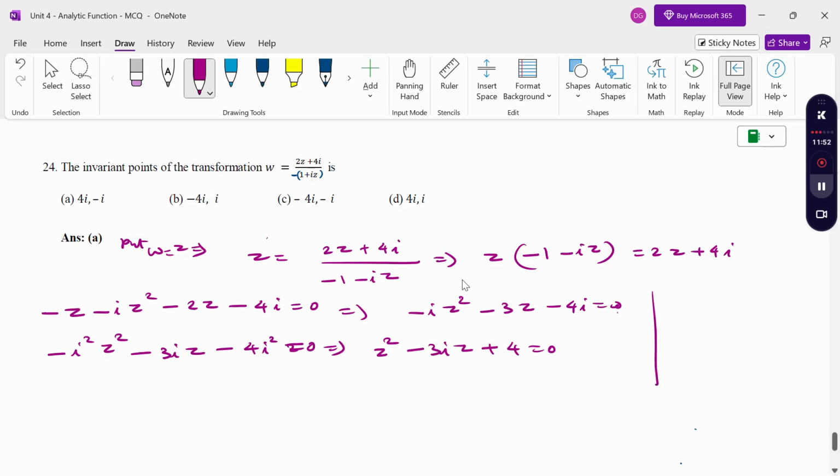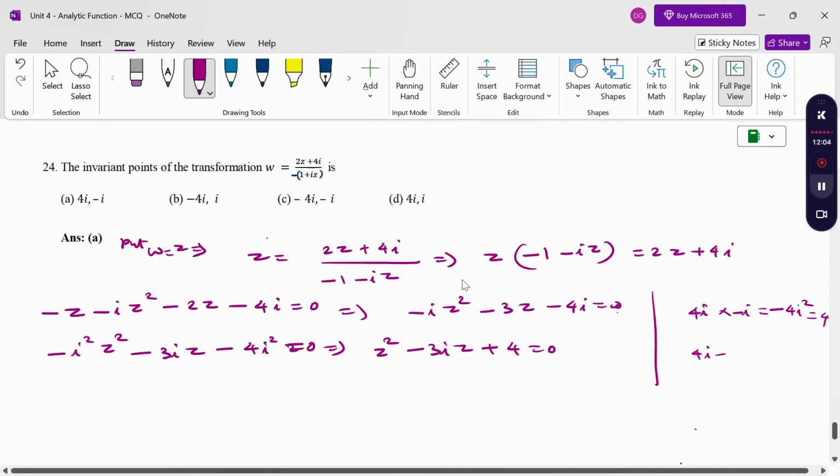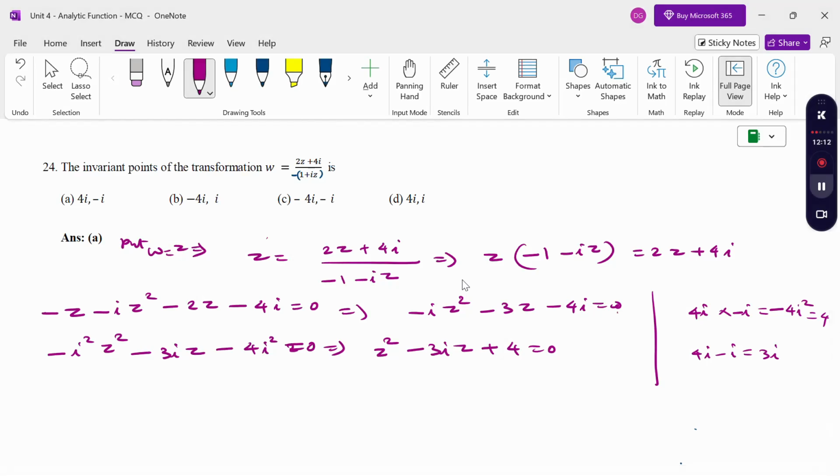Now the factors of 4: 4i into minus i gives minus 4i square, which is 4. Then 4i minus i, when we add, gives 3i. So therefore the z points are 4i and minus i.